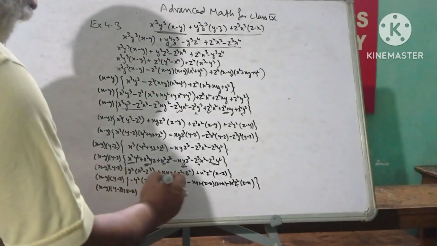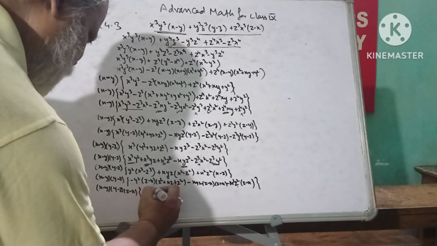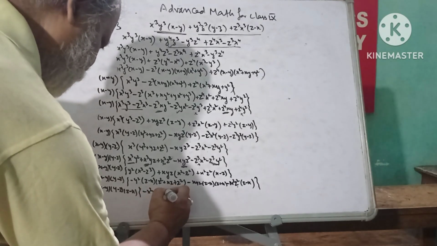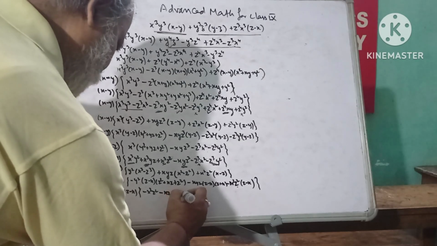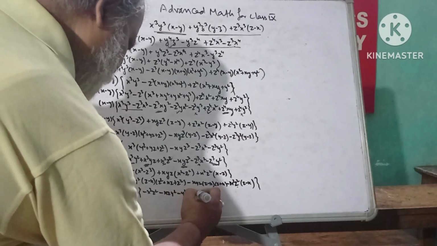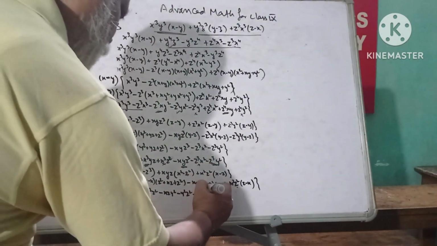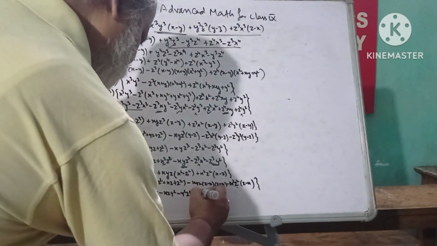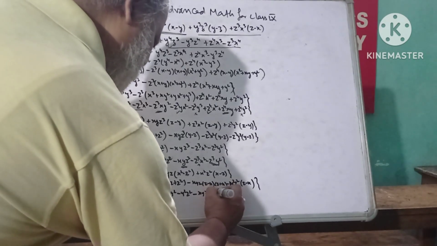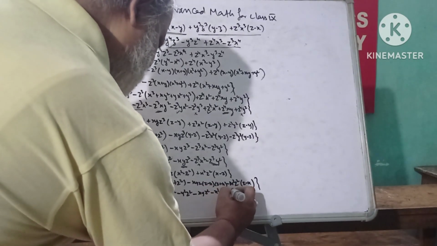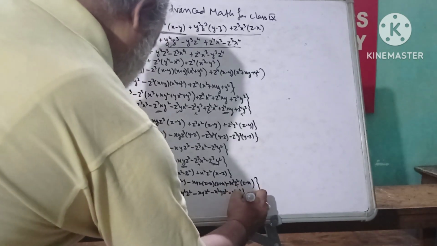Now the remaining terms left here are minus x square z square, minus x z y square, minus y square z square, and here this is x y z square, and this minus x square y z square, and here minus x square z square.